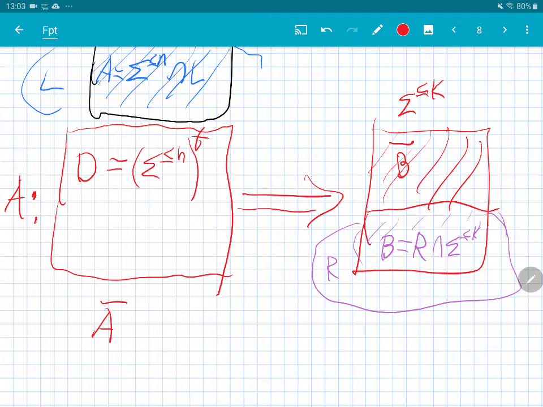So we look at all the bad strings, all the strings that don't belong to L, and we look at all the t-tuples of them. The algorithm has no choice. It has to map them into strings that are not in R. So the algorithm maps this set into a subset of not B.